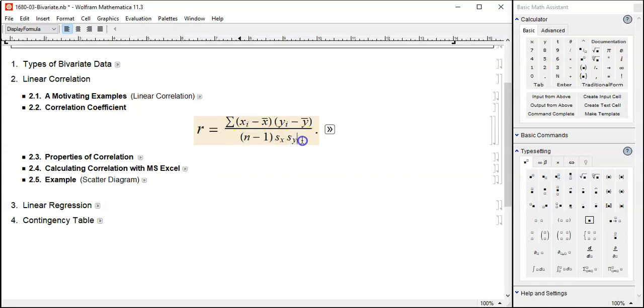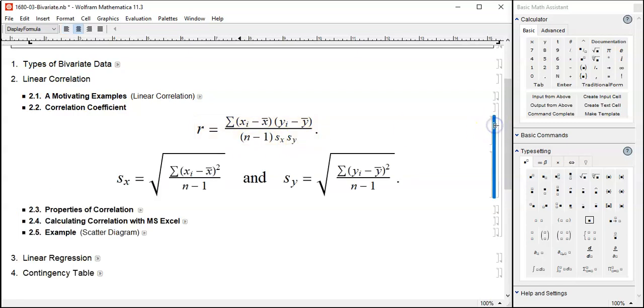And then what are Sx and Sy? They are standard deviations. The sample standard deviation of x and the sample standard deviation of y respectively. You see, we have each individual data value xi minus x bar, subtract the mean, and that's called a deviation. Now take the square to make those deviations squared, which is positive, so that we can add them up without negating themselves.